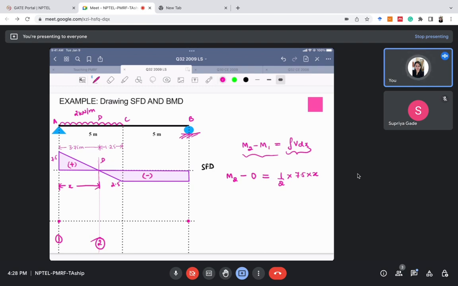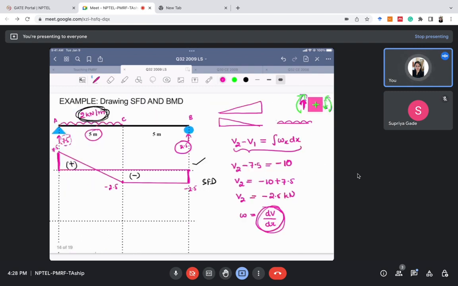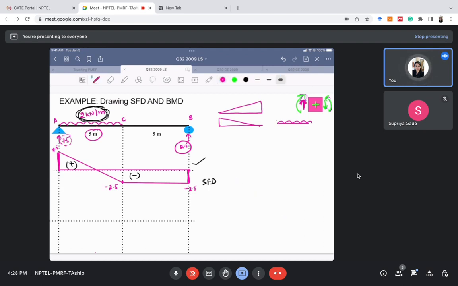This x we can calculate using the geometry. Similarity of triangles you must have heard. So how to calculate this length x? Let us call it x. If it is x, what will be this length? This will be 5 minus x, right? Because the total length is 5. So this part is x, the other part will be 5 minus x.